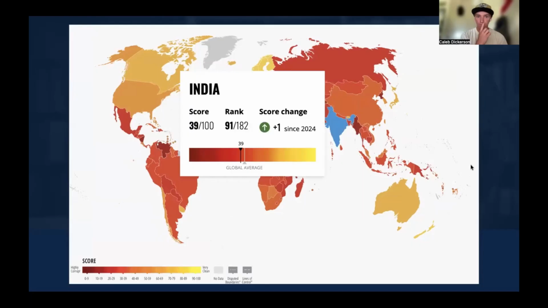If we focus specifically on India, the country has a CPI score once again of 39 out of 100, which ranks them 91st out of 182. While this is a slight improvement from the previous year, it still places India below the global average of 50, indicating that there are so many ongoing challenges.